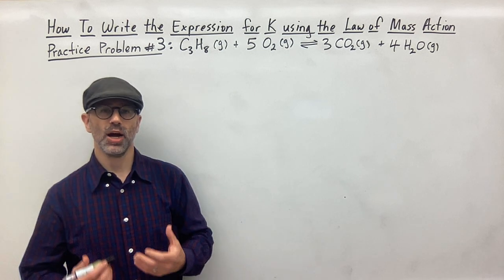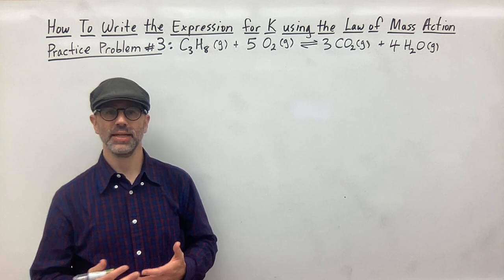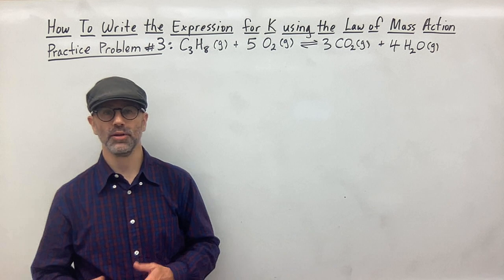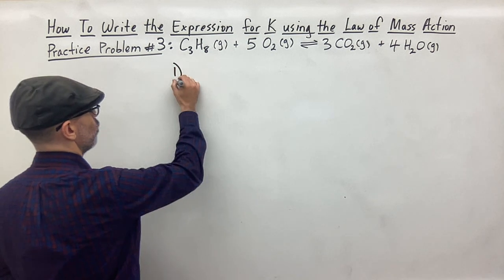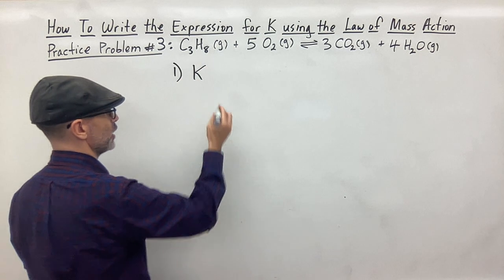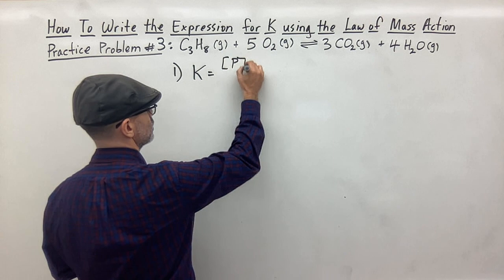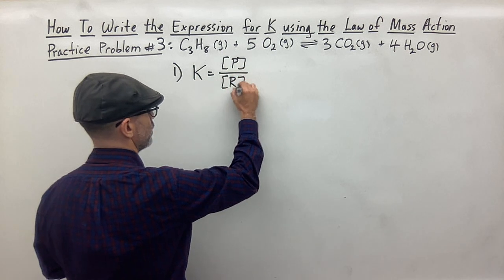So the equilibrium constant is going to be based on the concentrations of your reactants and products. The first thing I want to point out is that your equilibrium constant K is, very generally speaking, going to be concentrations of products over the concentration of reactants.